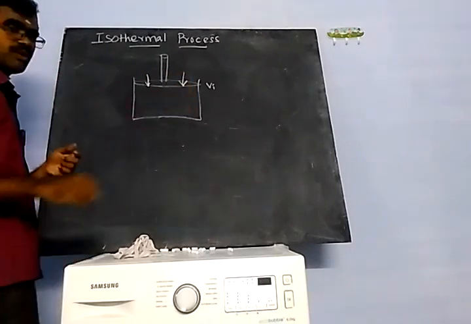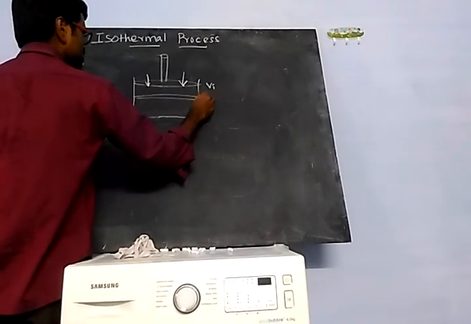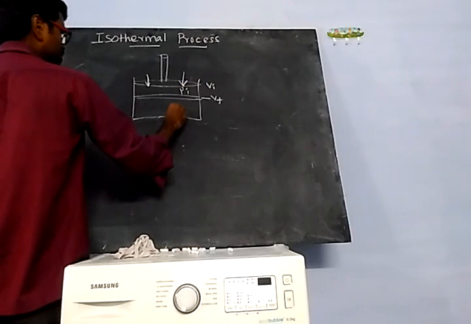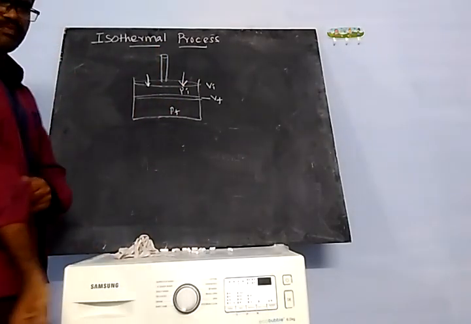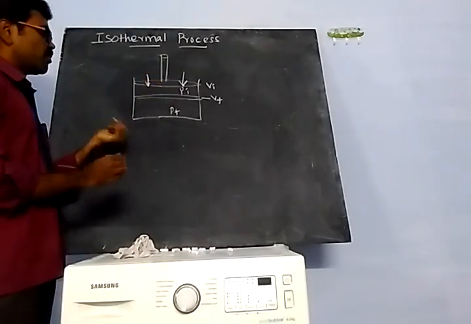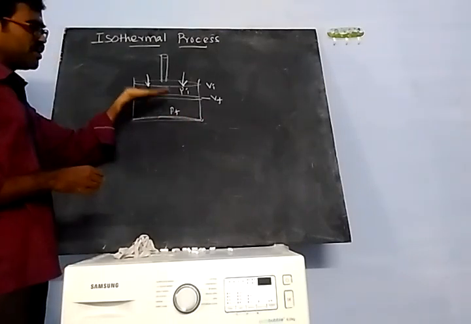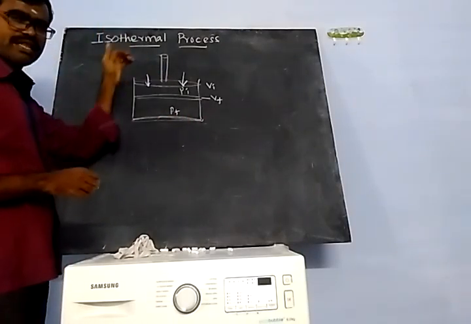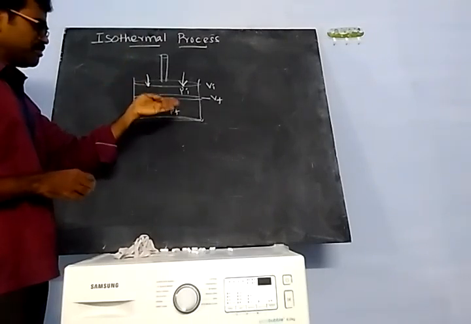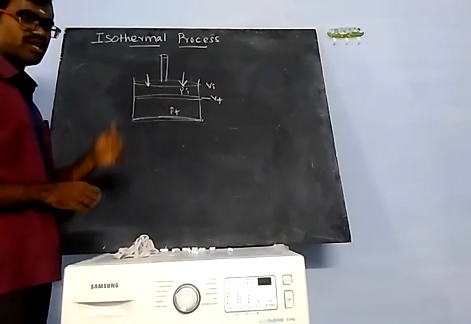You do some amount of work downward, so it comes to this point. This is the final point Vf, with initial pressure Pi and final pressure Pf. When you reduce the volume, the pressure increases, and pressure increases means temperature also increases.